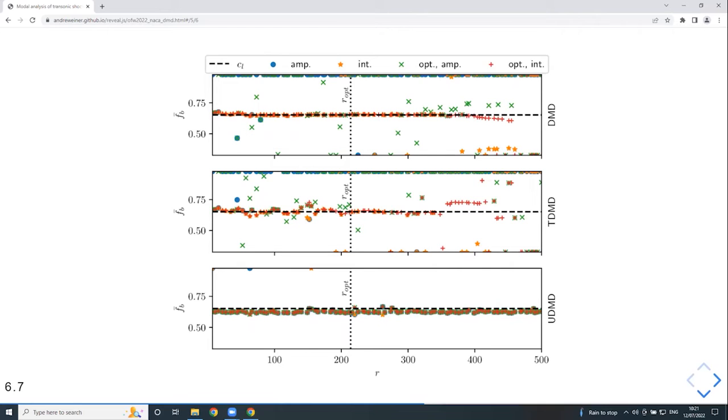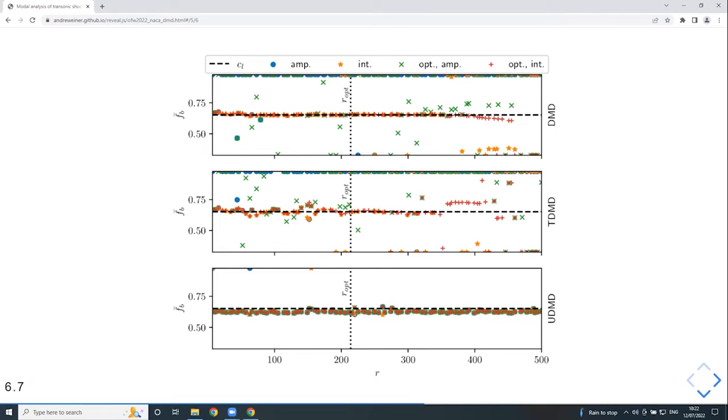And what you can see here for the DMD and for the TDMD is that basically you get these outliers for very high values of the rank, for very large POD bases. So essentially, if you do not chop off enough of the turbulence or noise that you have. And what this dashed line indicates here in the middle of all the three subplots is the rank that you get from an algorithm called singular value hard thresholding.